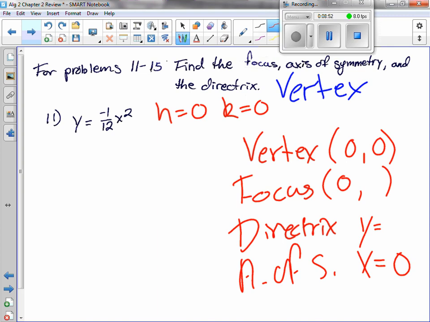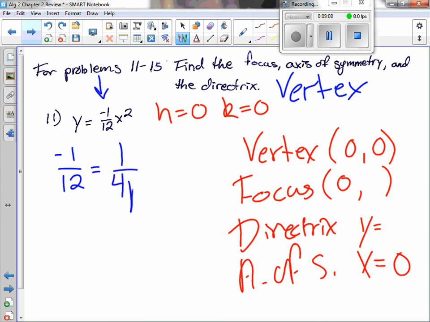So looking at this here, I'm missing 2 numbers. For the overall scheme, you're doing pretty well. Now, to find the value of p, well, it shows up right here, because the negative 1/12 is in the spot where 1 over 4p should be. So I set it equal to it. I set negative 1/12 equals 1 over 4p.